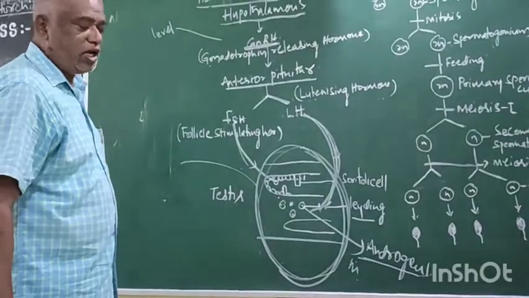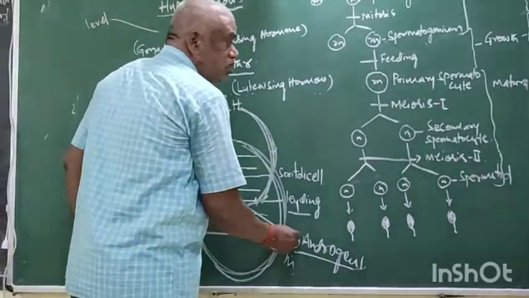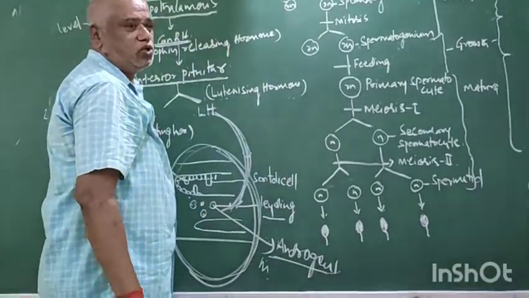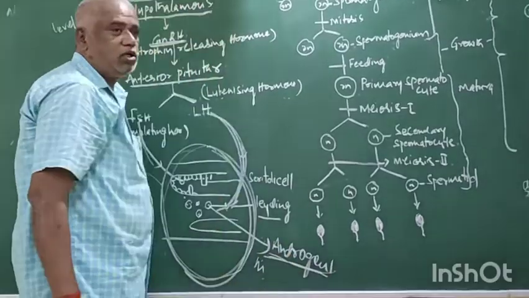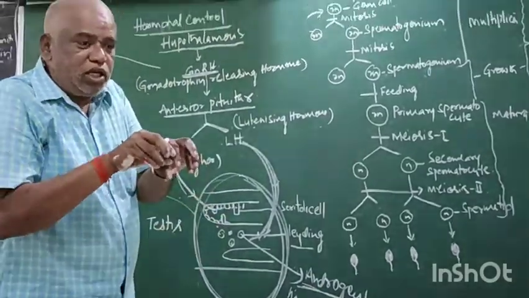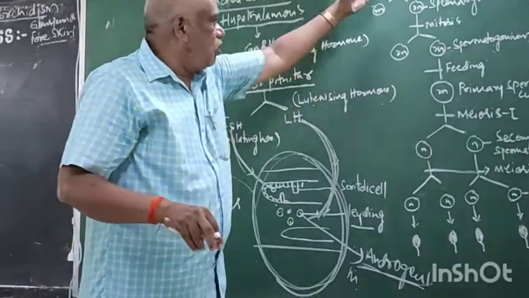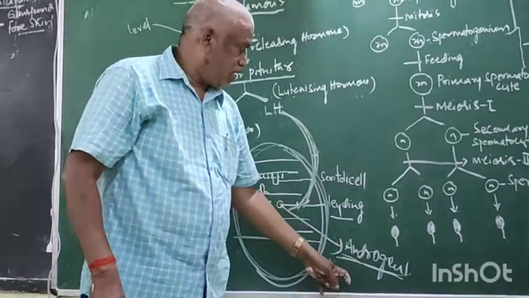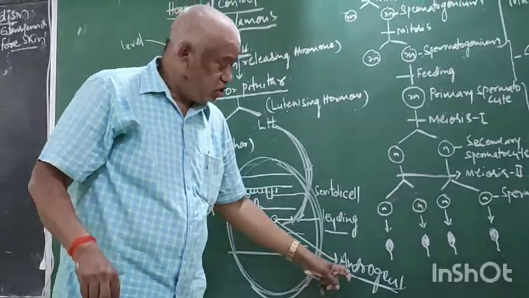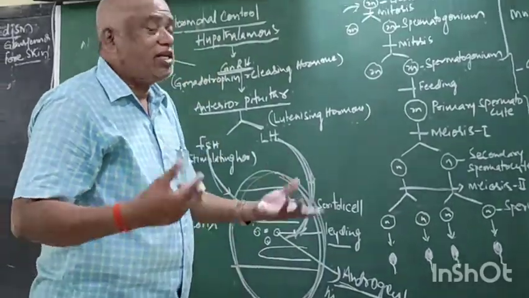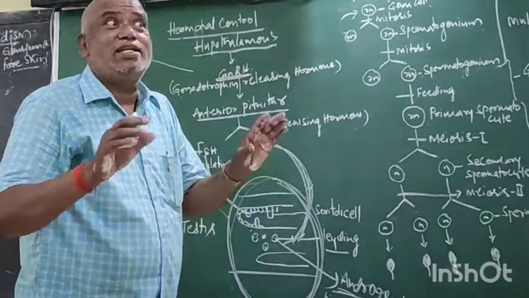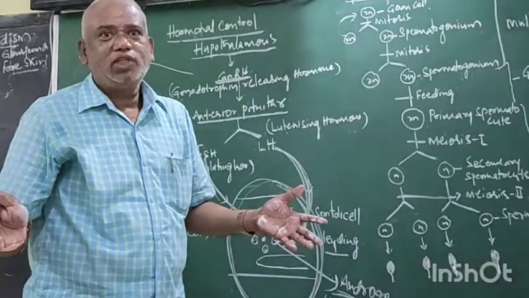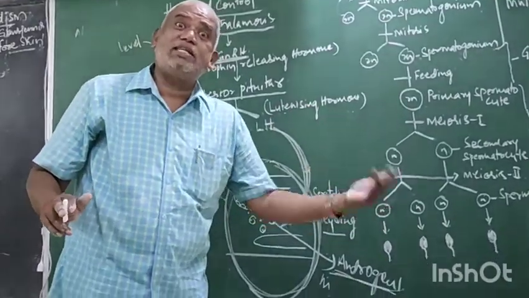Now, the next one. These androgens are also required for complete spermatogenesis. So these androgens work in two ways. Spermatogenesis is under the control of androgen. Also, androgens are required for secondary sexual characters and secondary sex organs.